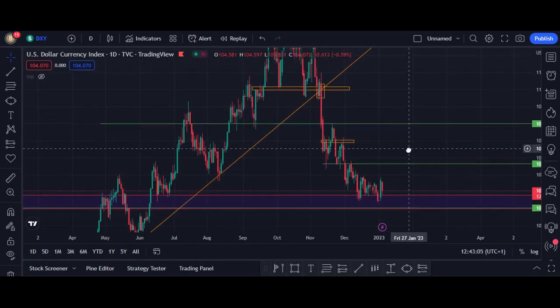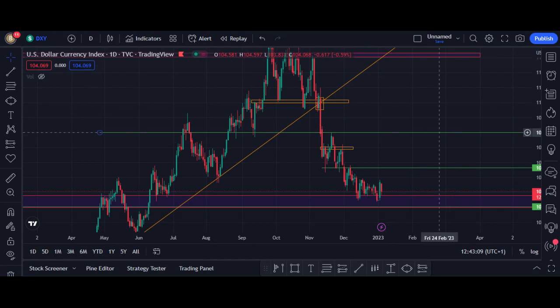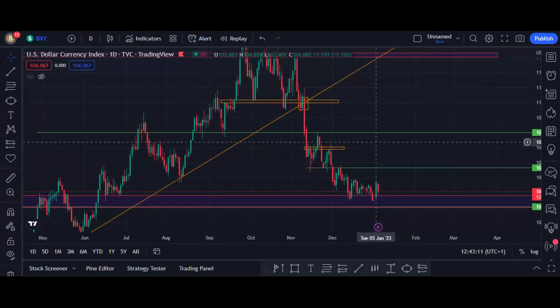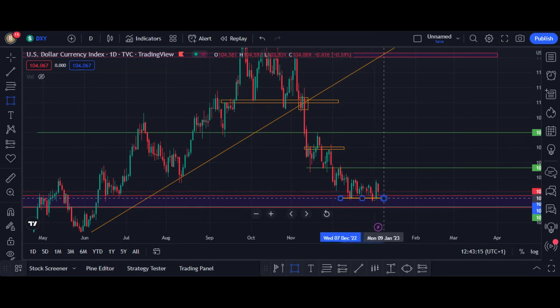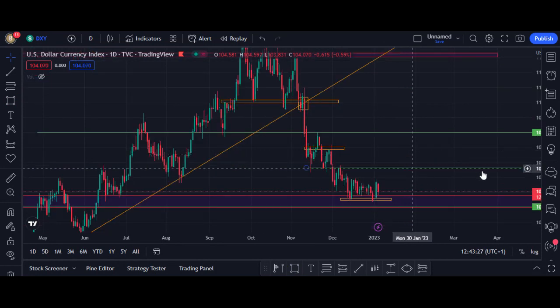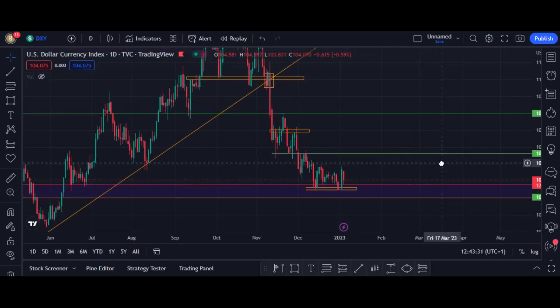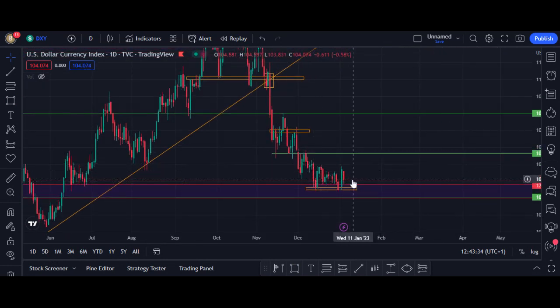So now price is currently on a monthly demand zone, right? What we have here is like a double bottom. Most times, guys, I like inverting my chart just to see how it looks from the other side. It seems like we have a double bottom, but like we all know, price has to first break this zone.